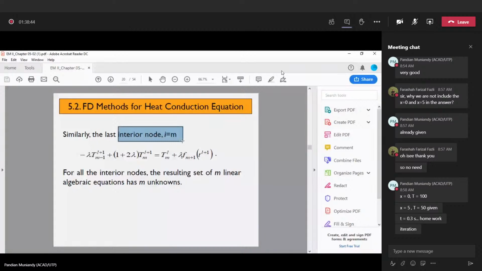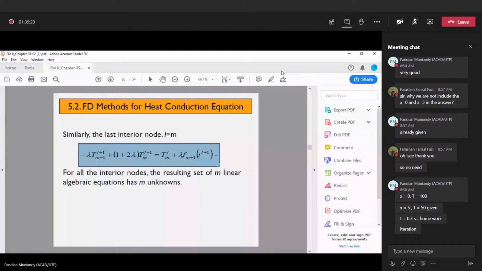You have this equation now, and this becomes the general equation: minus lambda T superscript L plus 1 subscript M minus 1, plus (1 plus 2 lambda) T superscript L plus 1 subscript M, equals T superscript L subscript M plus lambda T subscript M minus 1 superscript L plus 1.